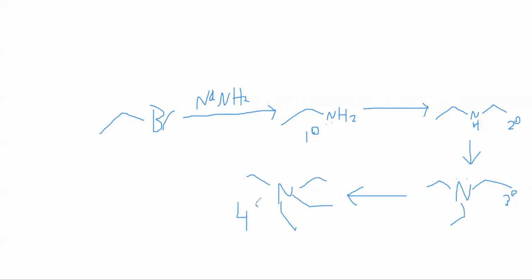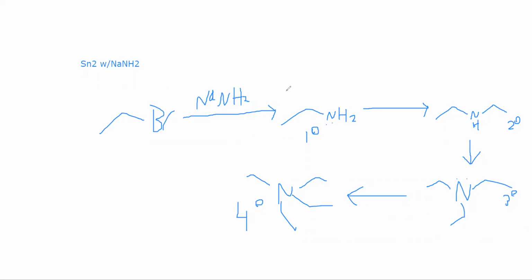So SN2 with NaNH2, or amines by themselves in general, doesn't really work because it's hard to stop the reaction at a particular product. It's probably going to form a mixture of all of these products, and that's not what you usually want to happen.